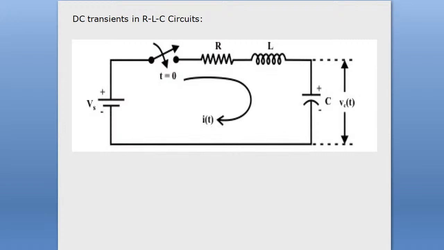You have noticed that a circuit consisting of only R and L, or R and C, can be described by a first order differential equation. Let me repeat this point.